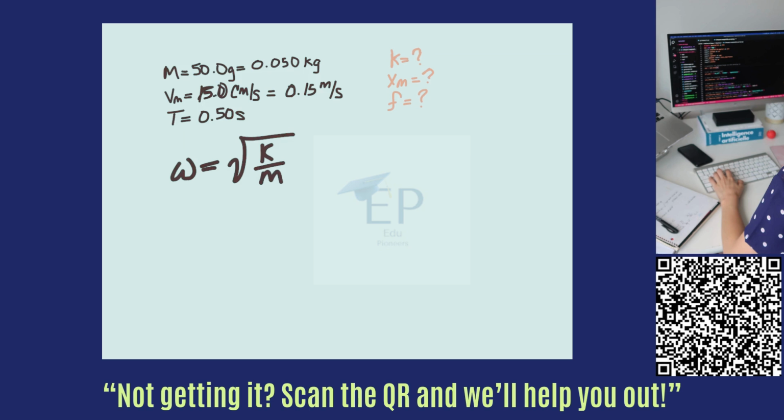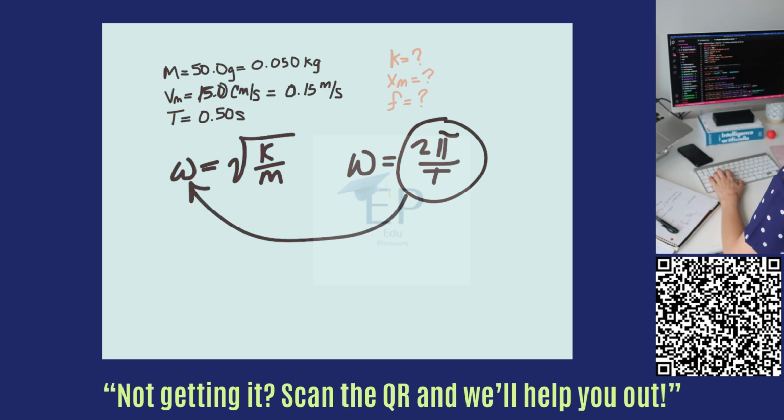And we also are going to use omega equals 2 pi over T so that we can actually substitute this term in for our omega. So our final equation is actually going to end up being 2 pi over T equals the square root of k over m.